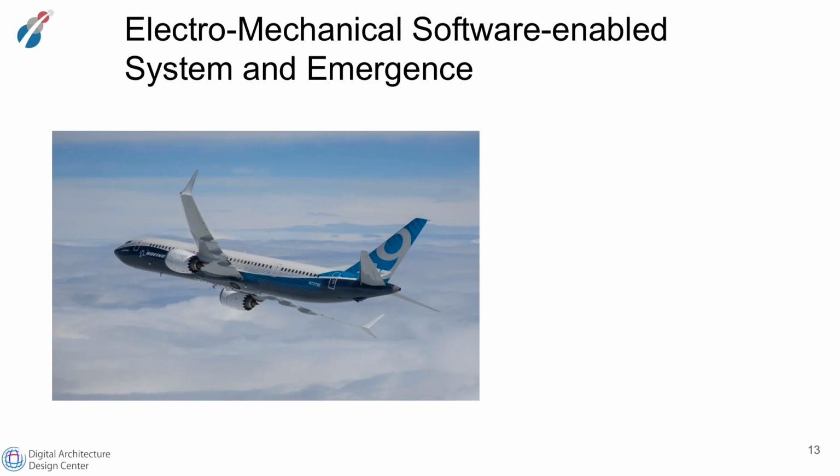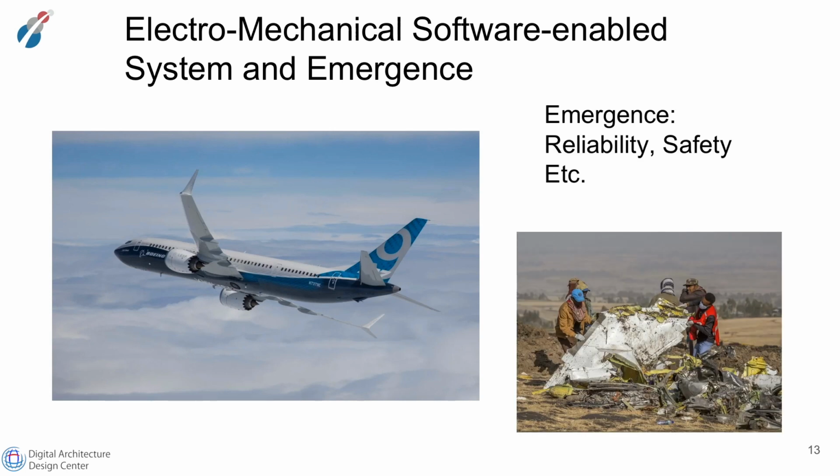Now, that was very positive for France, for sure, but emergence can also have a dark side. So this is an example of emergence in a complex software-enabled electromechanical system like the Boeing 737 MAX. Of course, we're just now getting this particular airplane back in the air, certified again.